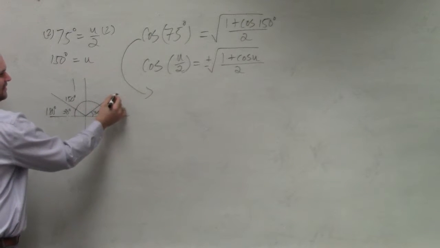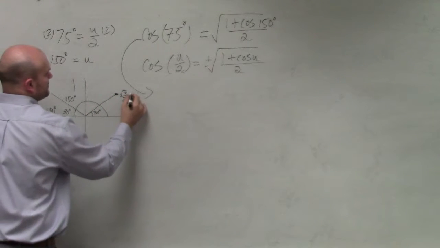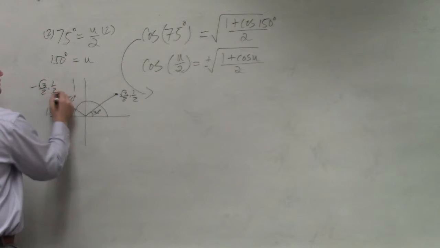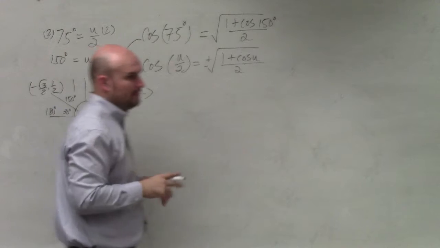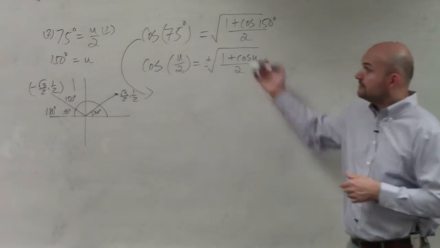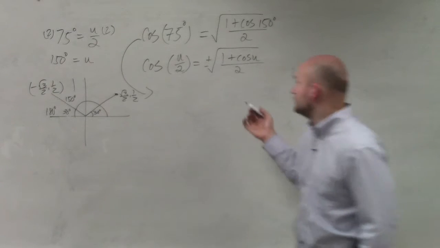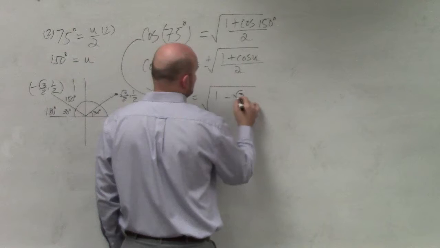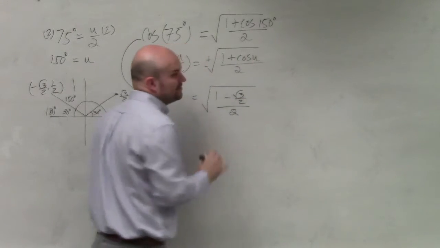So this one, 30 degrees, is square root of 3 over 2 comma 1/2. Right? You guys see how I use quadrants and reference angles? And so therefore, that's going to be a negative square root of 3. So I have the positive 1 minus the square root of 3 over 2 divided by 2.